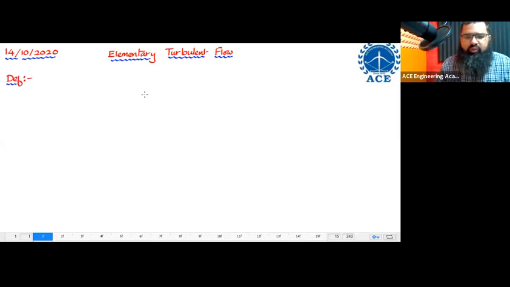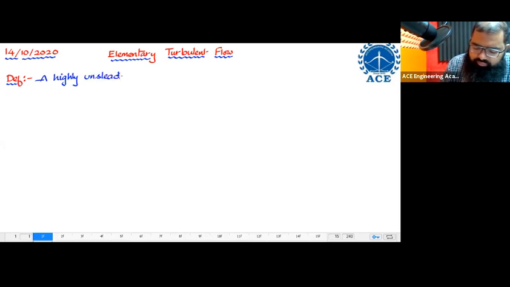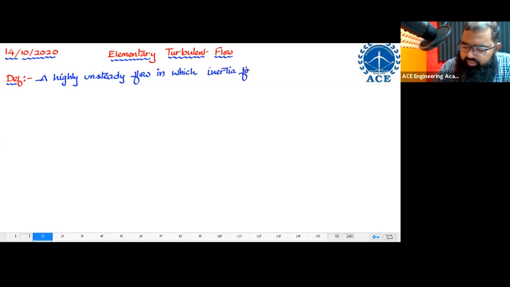The definition goes something like this: a highly unsteady flow in which inertia force dominates over the viscous forces.